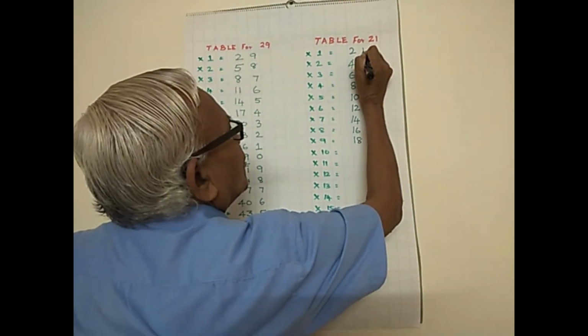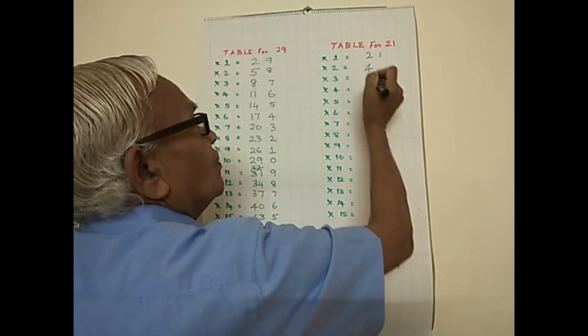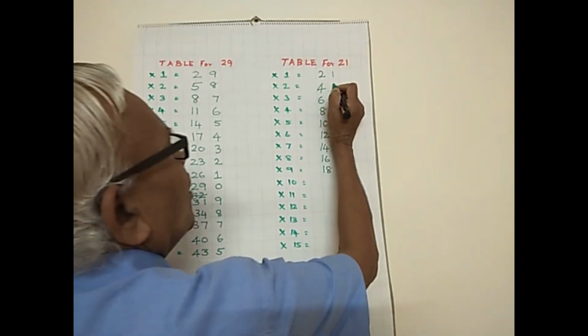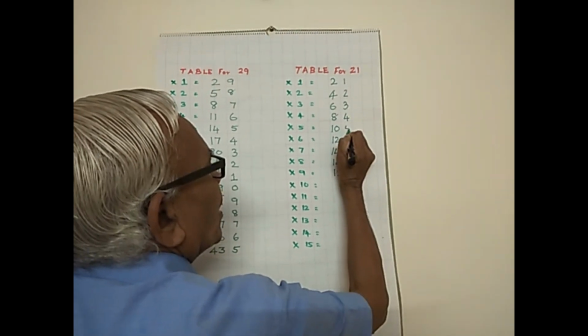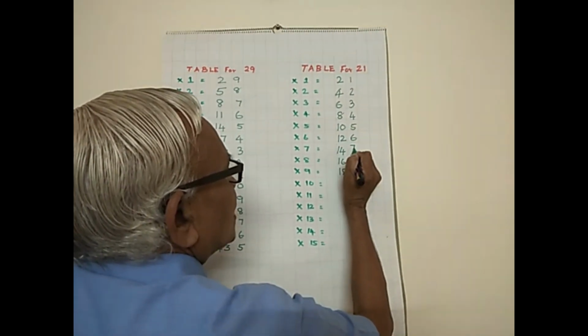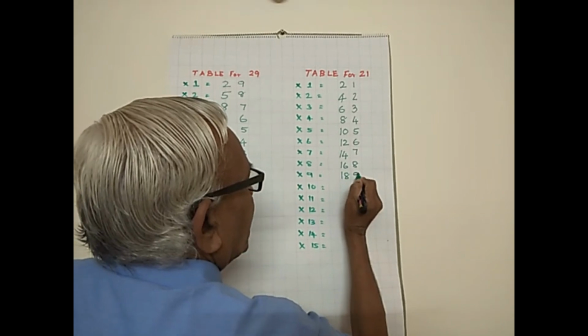Here the unit digit is 1, and in this case it is increasing. So I need to increase by 1: 1, 2, 3, 4, 5, 6, 7, 8, 9.